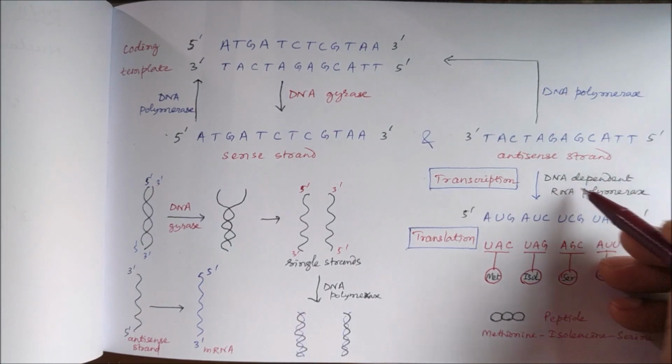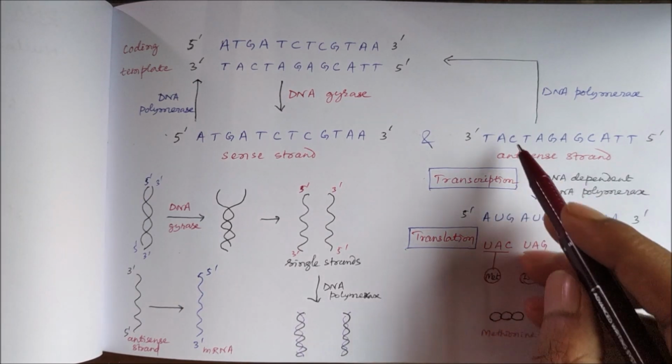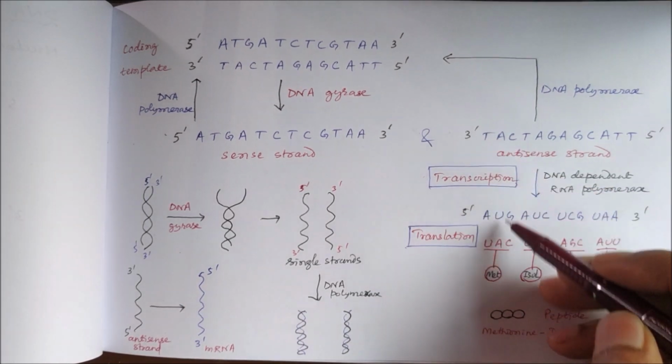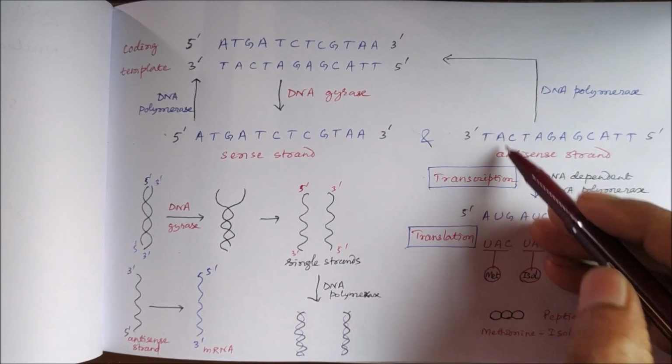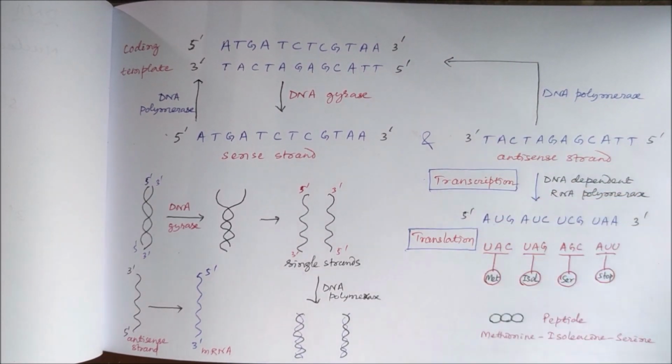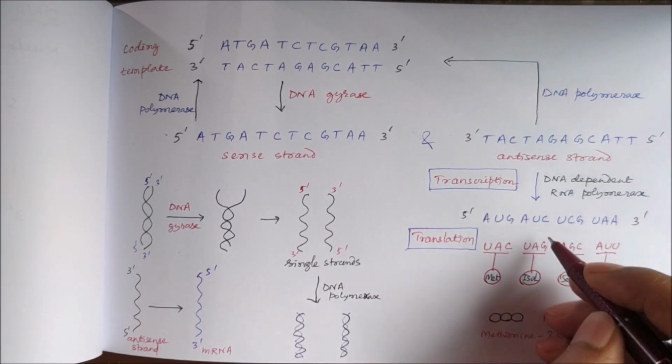By the action of the DNA-dependent RNA polymerase enzyme, this transcription process occurs, and we get the complementary bases: T for A, U for A, C for G, and accordingly in the 5' to 3' direction we get messenger RNA.